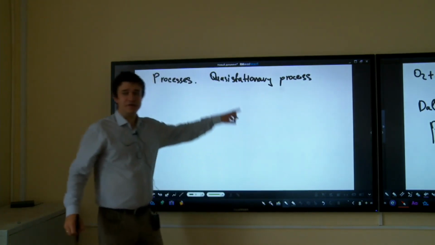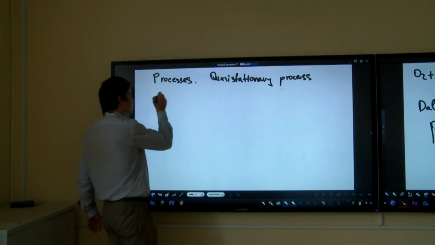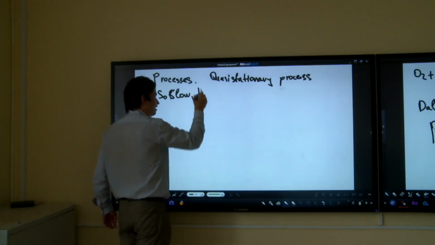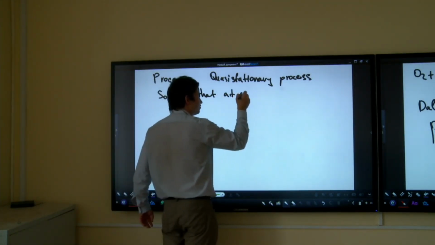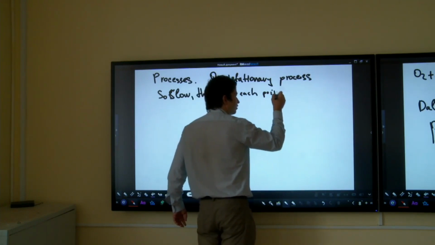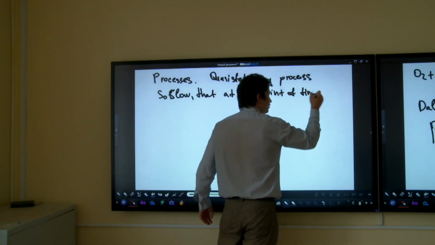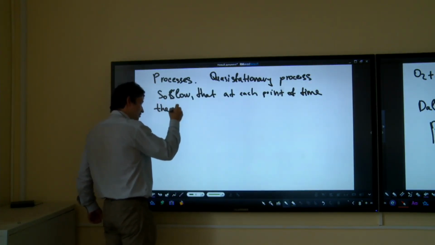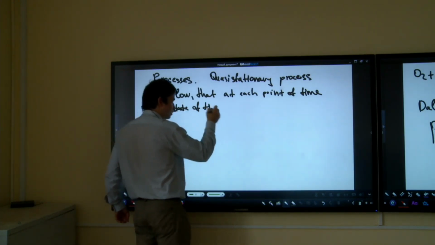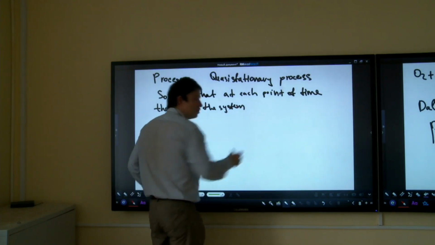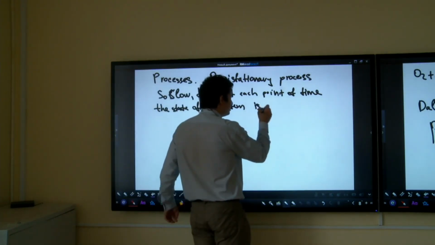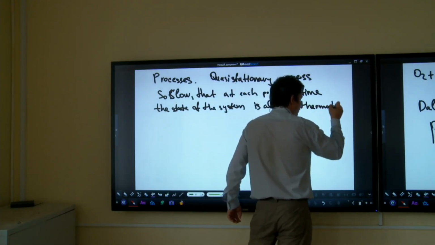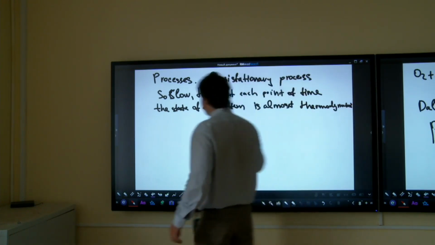It means that the process is so slow that at each point of time the state of the system is almost in thermodynamic equilibrium.